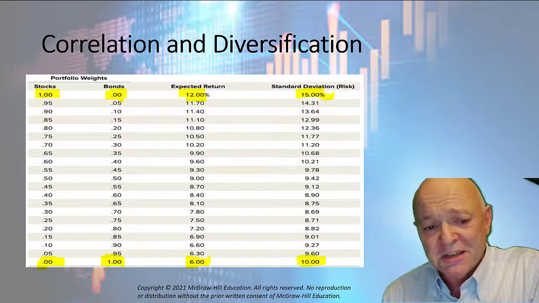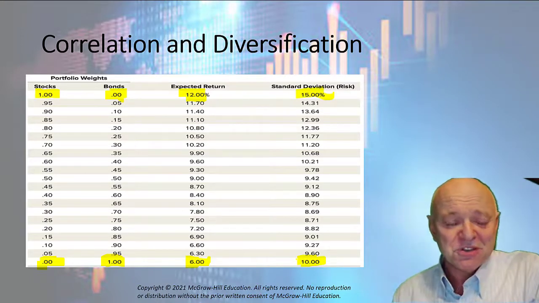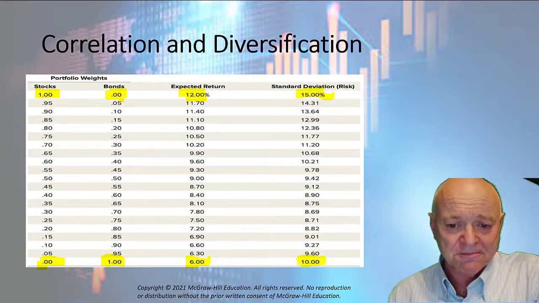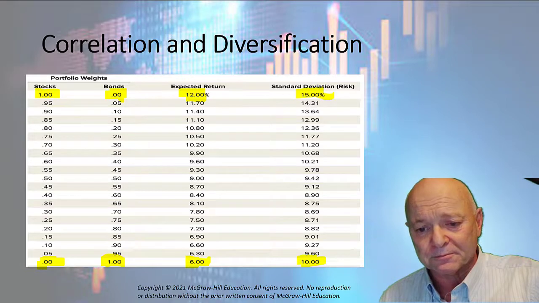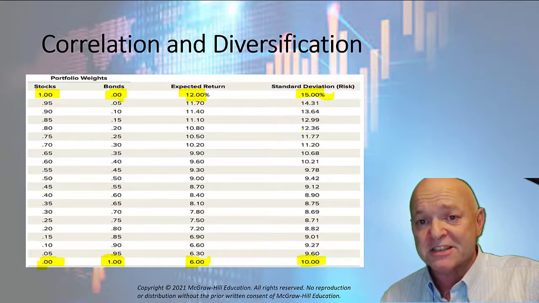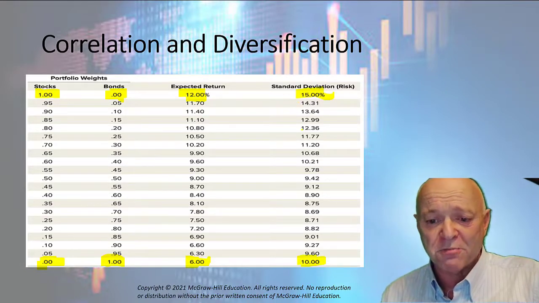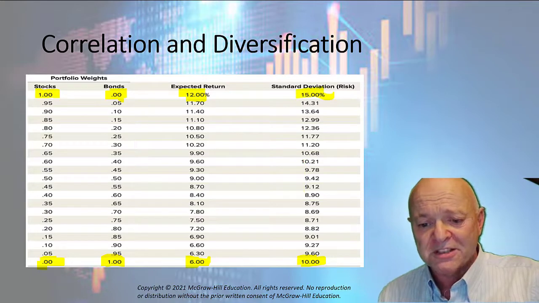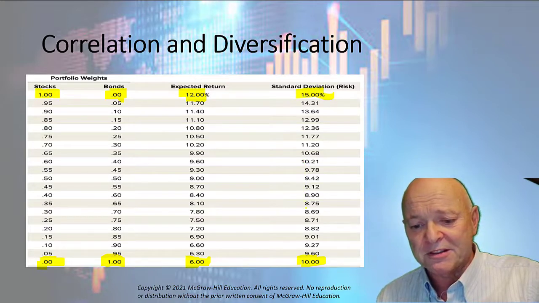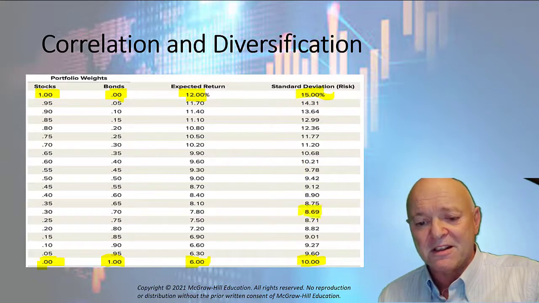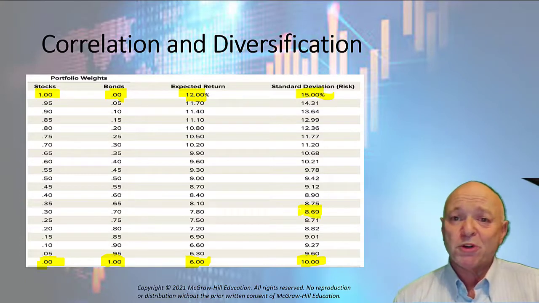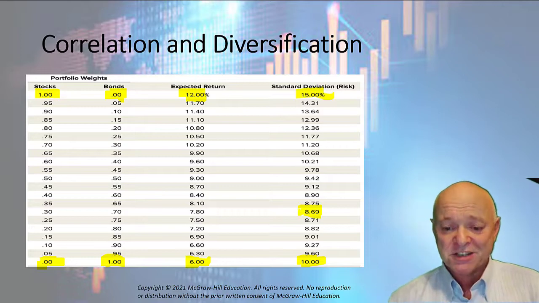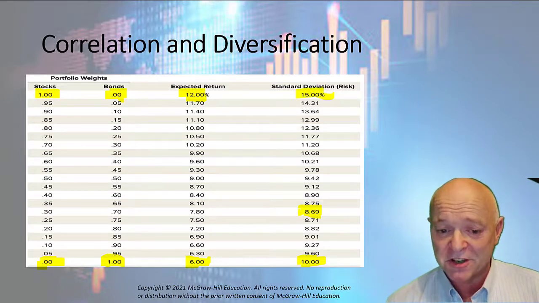What you actually see by looking at the intermediate values is that something interesting happens here. We can see that the standard deviation becomes less and less as we add more bonds into the portfolio, but at some point we end up with standard deviation that decreases to as low as 8.69, but then increases as we add more bonds into the mix.